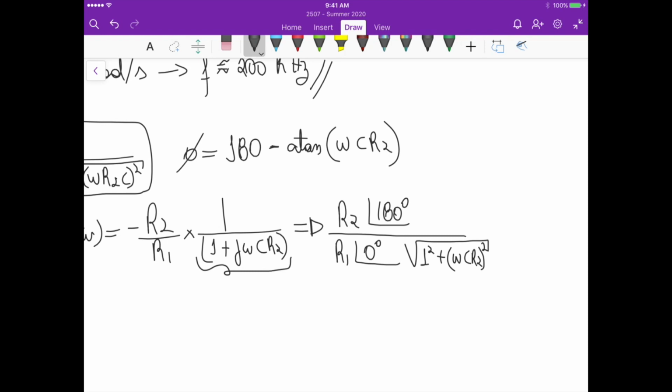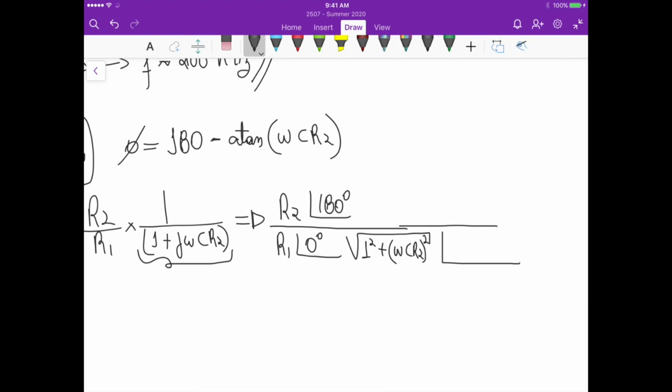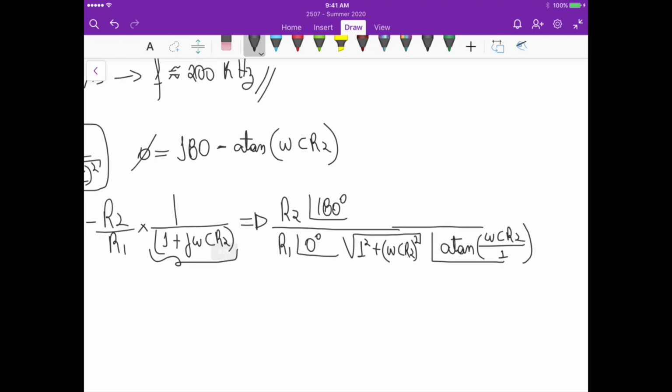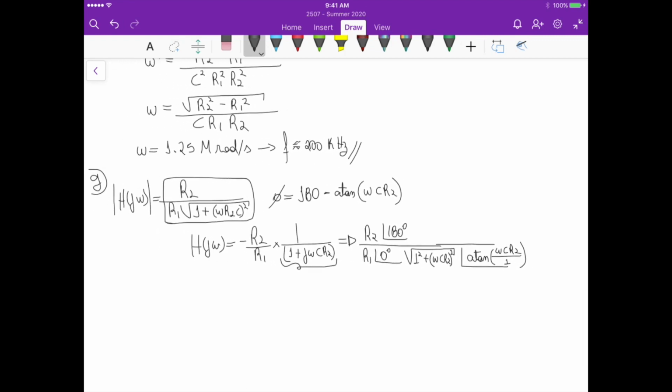That's the magnitude of this complex number. And the angle we calculate by the arctangent of the imaginary part divided by the real part. So this is the arctangent of omega C R2 divided by 1, right? So this R2 divided by R1 times the square root of 1 squared plus (omega C R2) squared is the magnitude that we have here, still in linear scale, right?